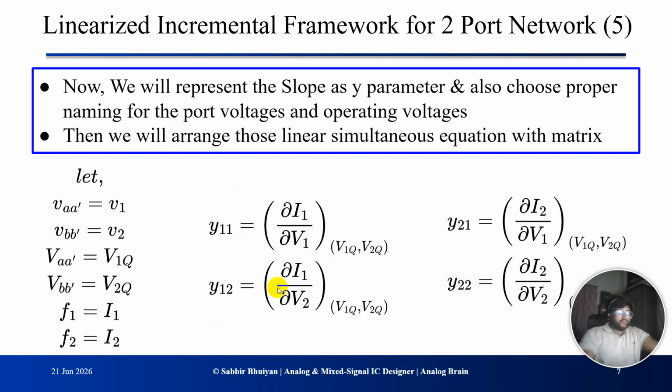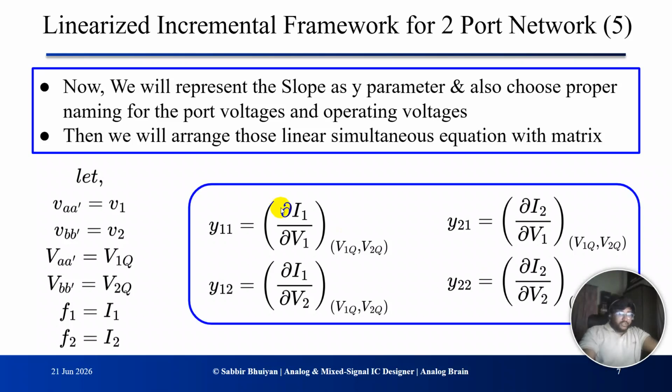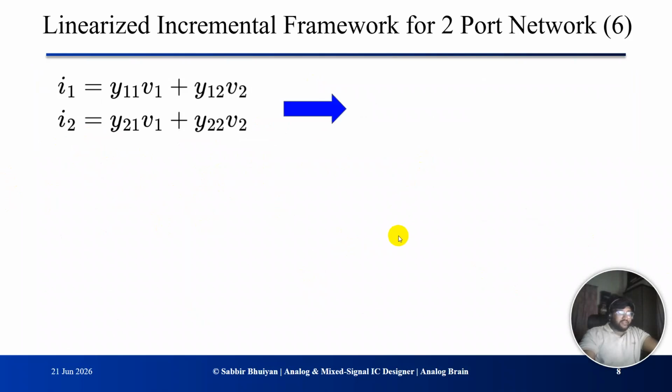So these things will be replaced. Now here are the final y parameters and the final clean linearized framework: I1 equals Y11 V1 plus Y12 V2, and I2 equals Y21 V1 plus Y22 V2.